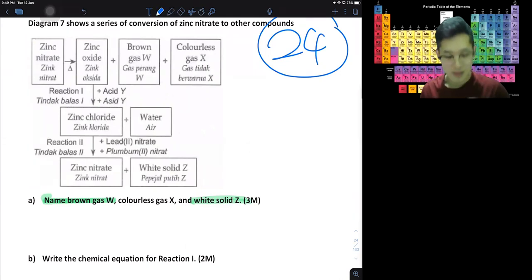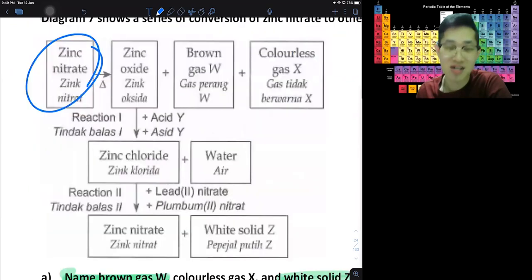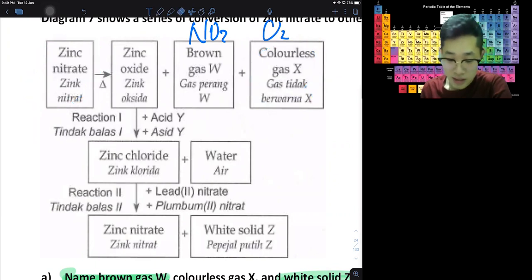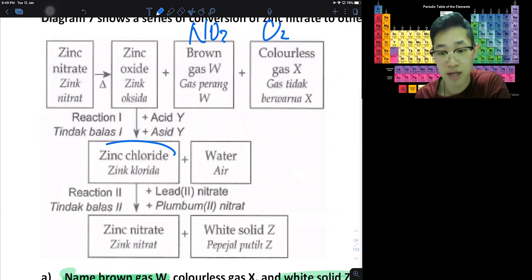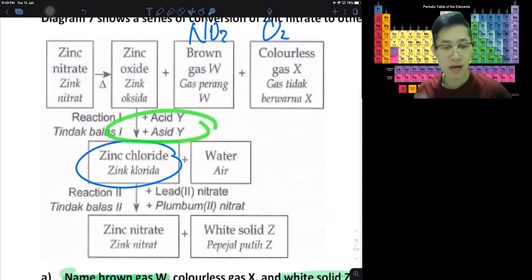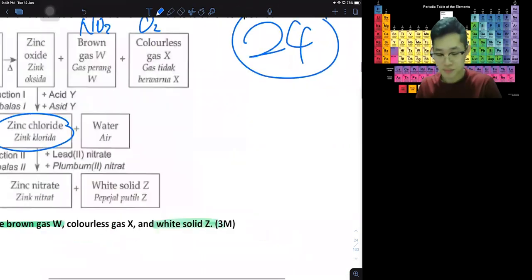When we look at this one, zinc nitrate being heated produces zinc oxide, brown gas, nitrogen dioxide, and the colorless gas must be the friend of NO2, which is O2. Easy. Zinc oxide, reaction 1, makes zinc chloride. Maybe the first question you cannot do just now, but never mind, after we go through, you will know. When they ask you what is the acid, or what is the solution to mix together to get the salt, you know you have to use the cross.